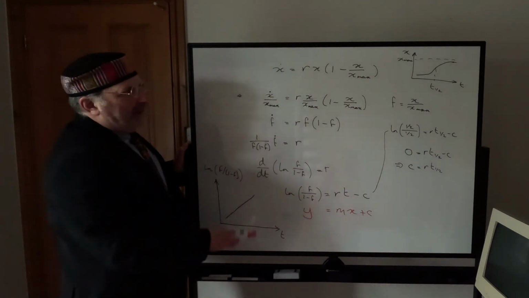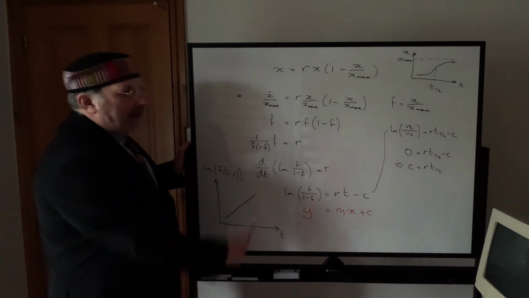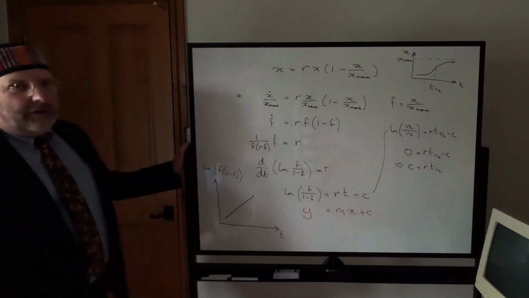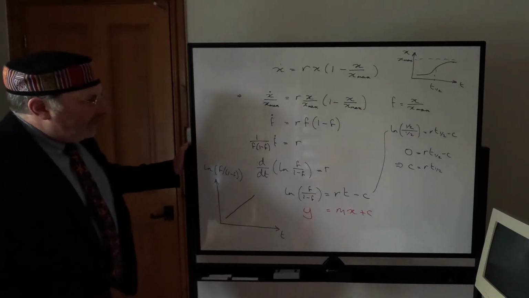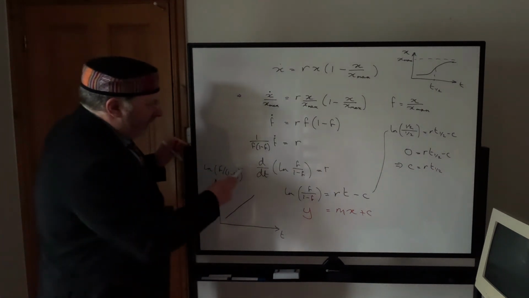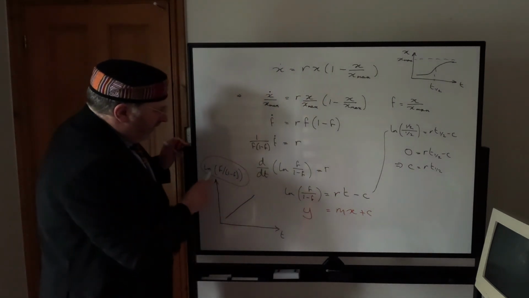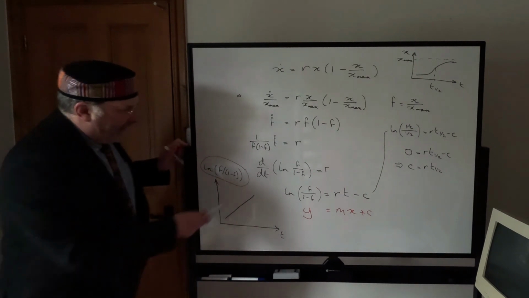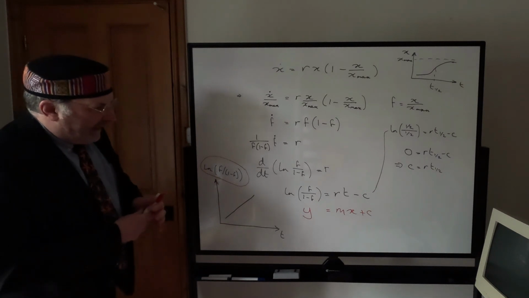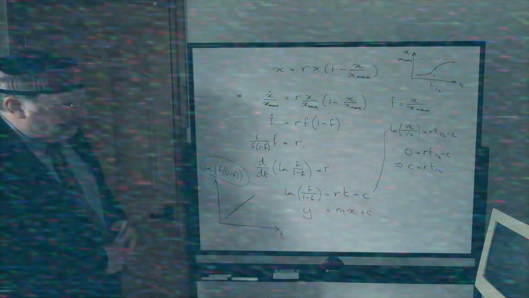If it's not, it might be because you have chosen x max poorly and you could possibly adjust it, or otherwise, if you can't find an x max that makes it a straight line, then it's not logistic. So the point is that transforming our data in this way, instead of plotting just x against t to get something like that, we plot this log of f over 1 minus f, and then you see straight lines. And that gives a better visual representation of, yes, this is logistic.